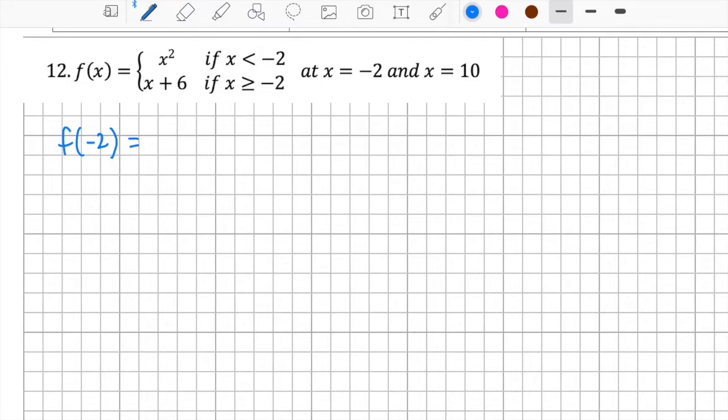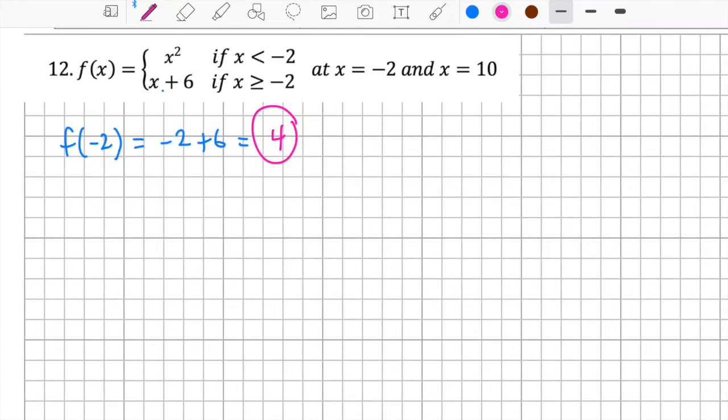So since it's equal to -2, I'm going to use the bottom function, which is -2 plus 6. -2 plus 6 is 4. So it's defined.